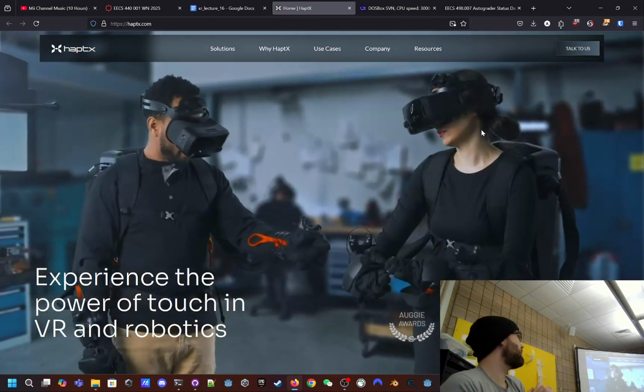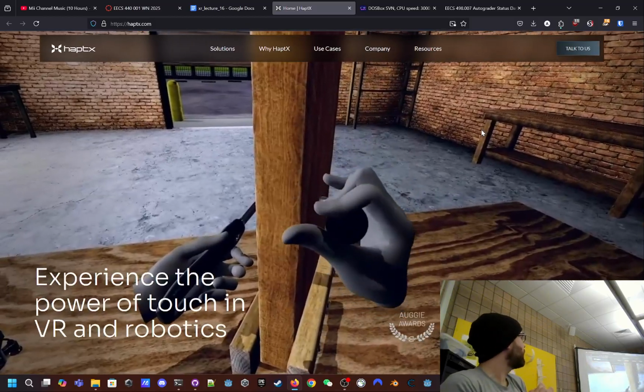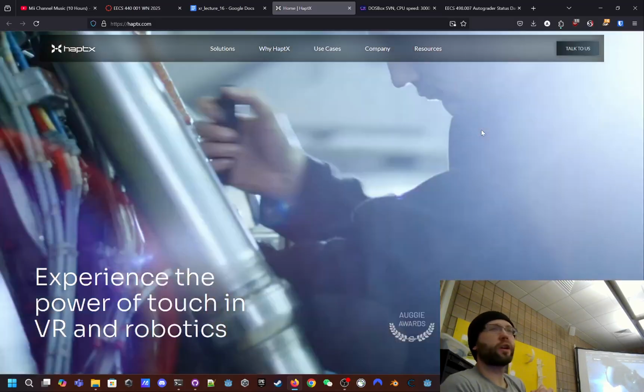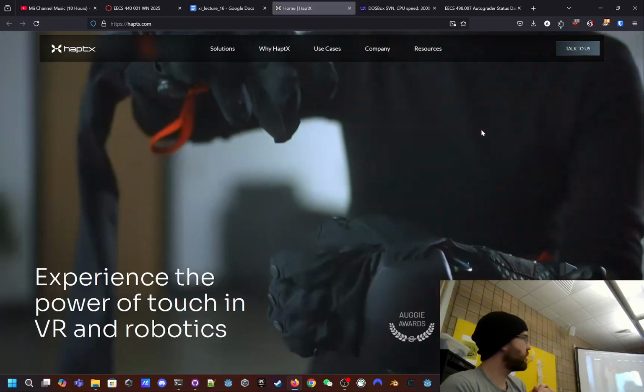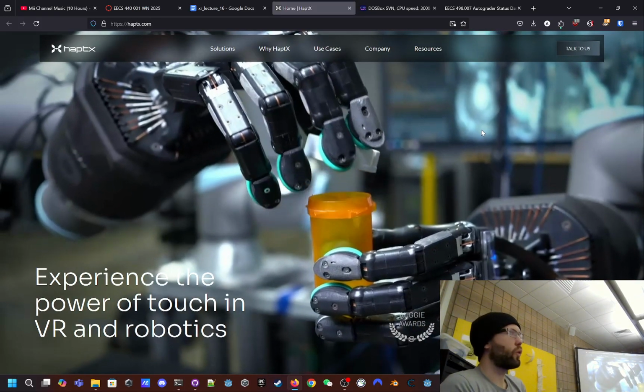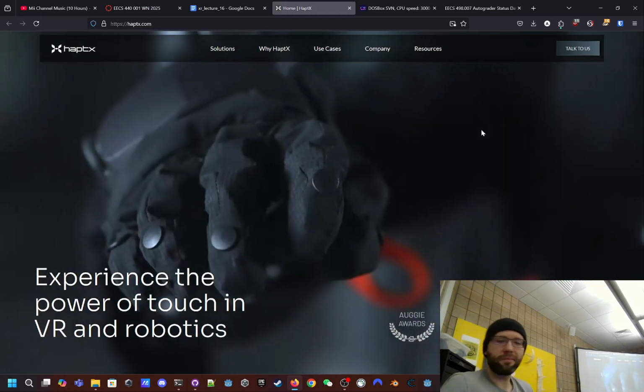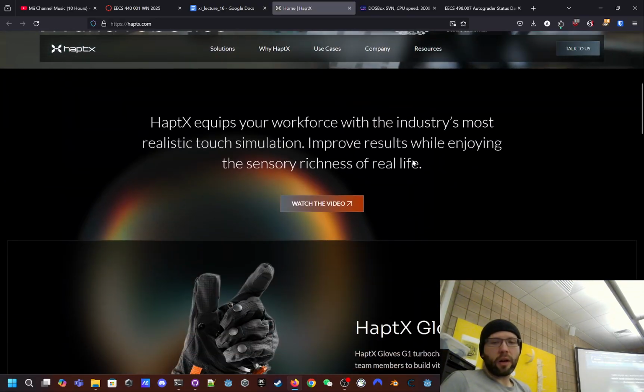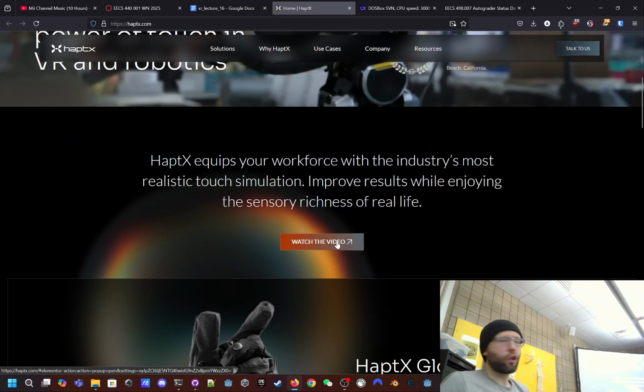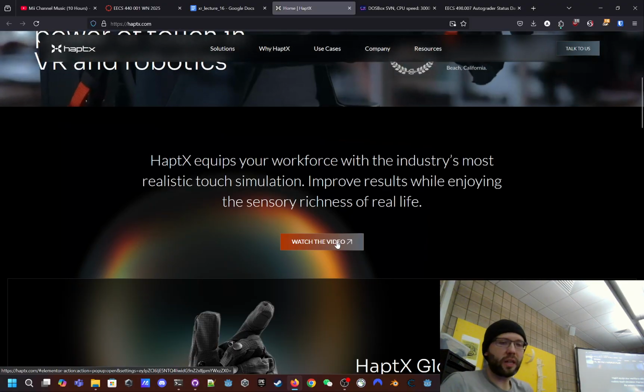This is the kind of thing that might be very impactful for you if you are, for instance, working in a warehouse or training to do very precise movements with your hands, or you're controlling a robot, okay? Let's see if they have a video. I think they do. The way that they accomplish all of this is pretty interesting.